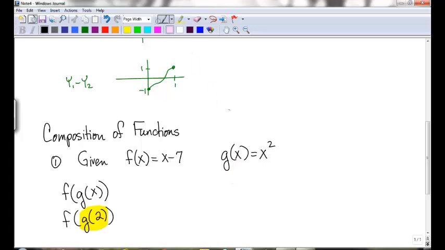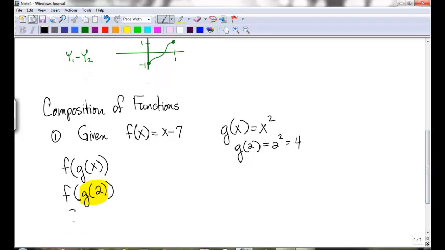So you'd go in here and you'd say g of 2 is 4. So then you'd substitute in, for the g of 2 it's 4. Then you'd find f of 4. Okay? So f of 4 would be negative 3. So that's a composition of functions.